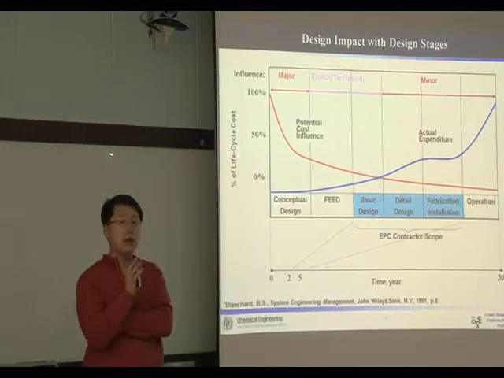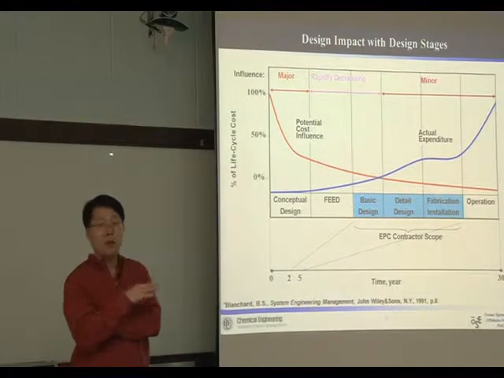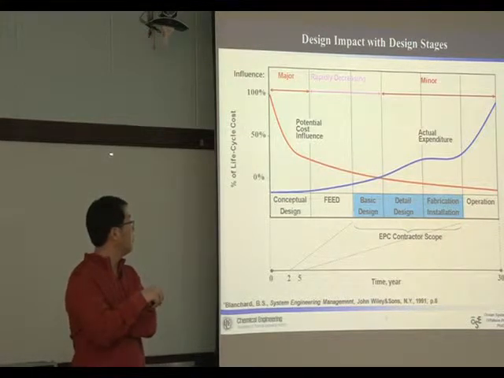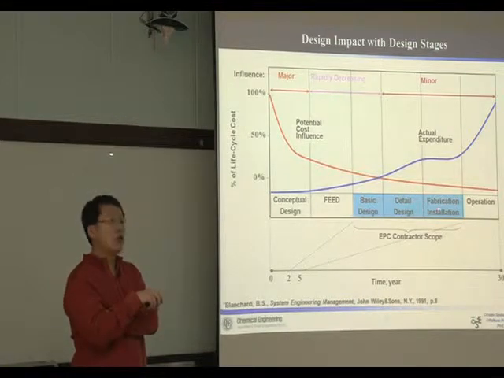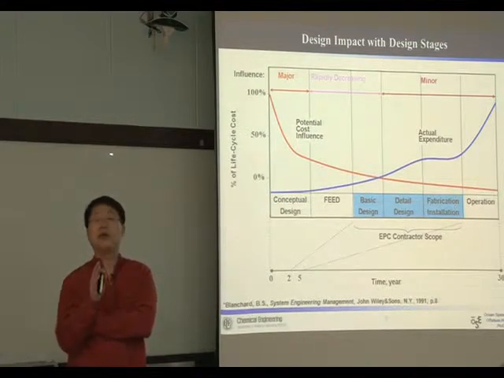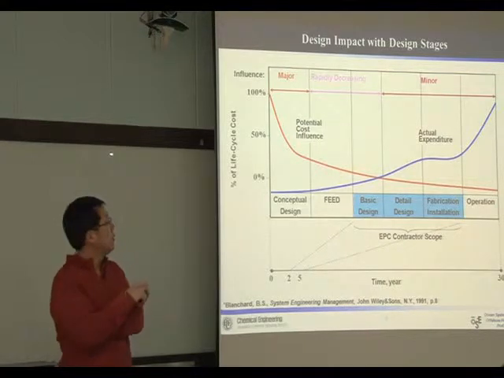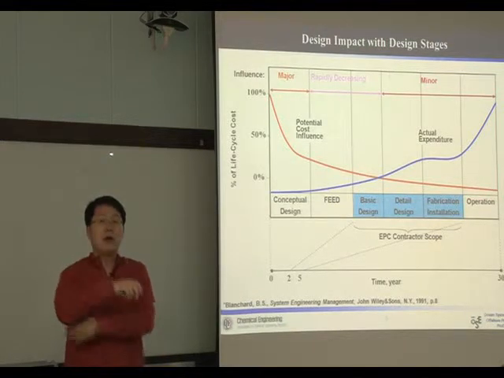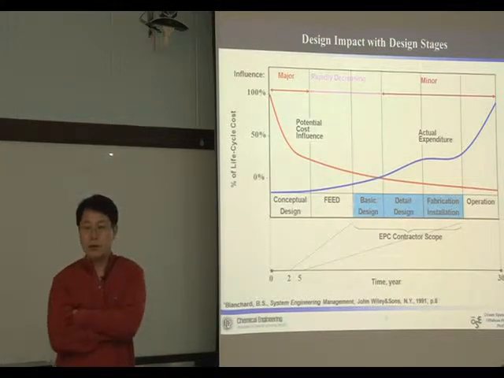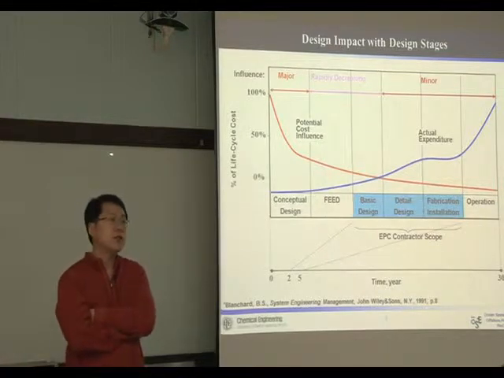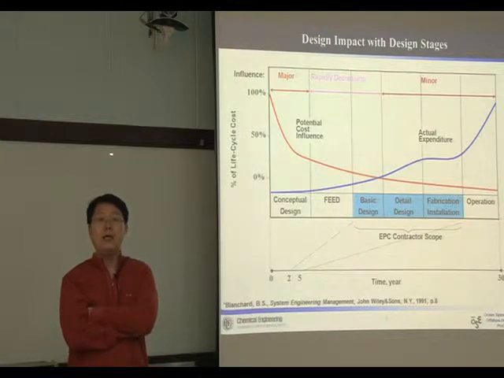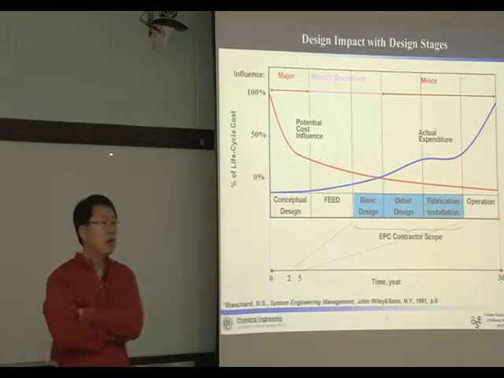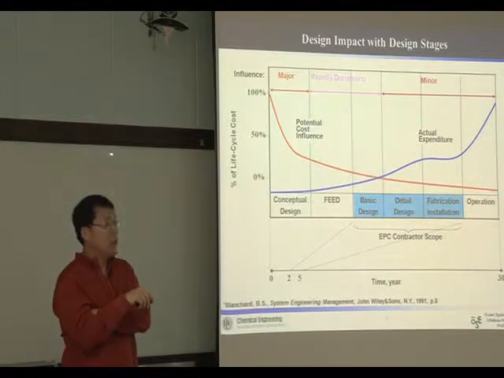So we can say that we will take about 5 years from the conceptual design development to fabrication. The rest, 20 to 25 years, is for operation. So the cost for operation is usually higher than the initial cost. So typically, we can say that 80 to 90% of LCC comes from the operation period.